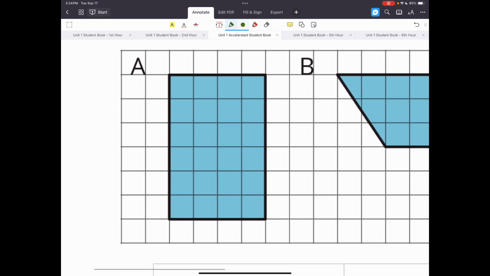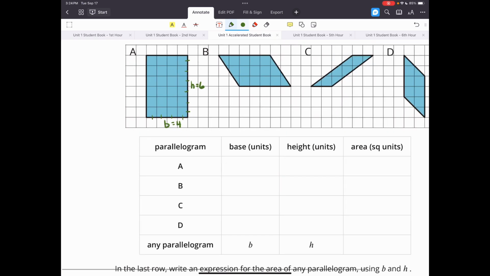So looking at this one, it's a parallelogram. It's a rectangle, pretty easy. We can identify the base as 4 units, and we can identify the height as 6 units. So all we have to do is fill this into our base and our height units. So 4 for the base, 6 for the height. And then what they want you to do is count these squares to see what the area is.